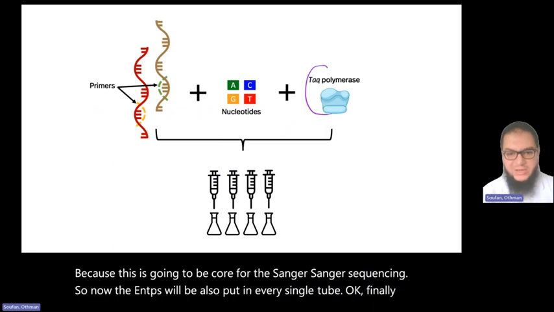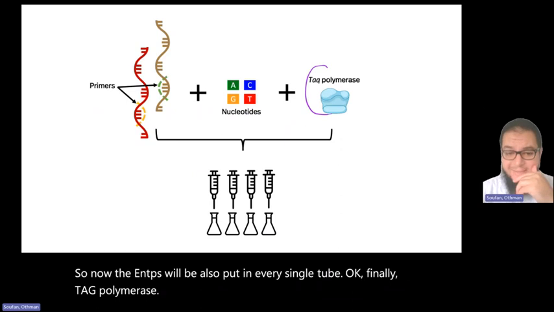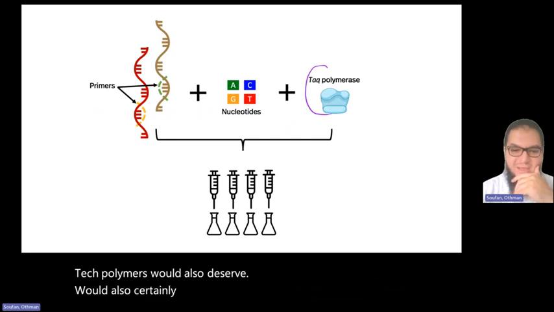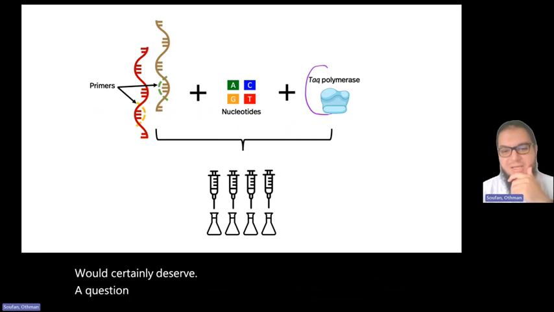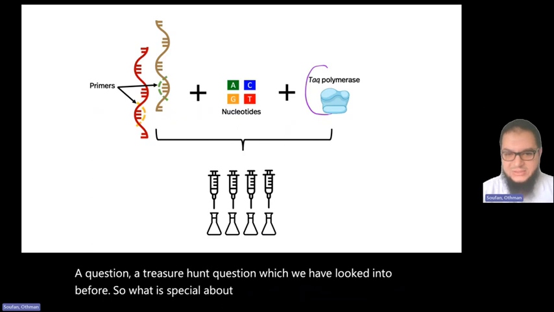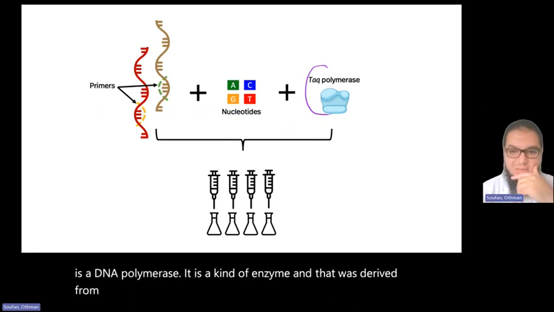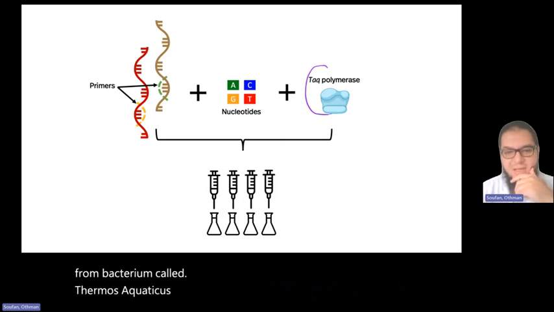Finally, Taq polymerase. Taq polymerase would certainly deserve a treasure hunt question, which we have looked into before. So what is special about Taq polymerase? We know that it is a DNA polymerase. It is a kind of enzyme that was derived from a bacterium called Thermus aquaticus, right?